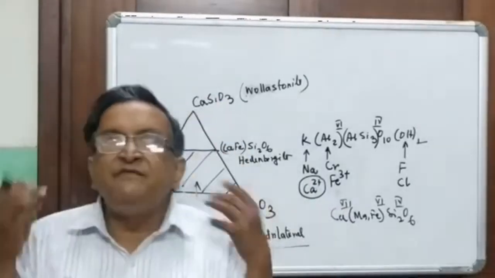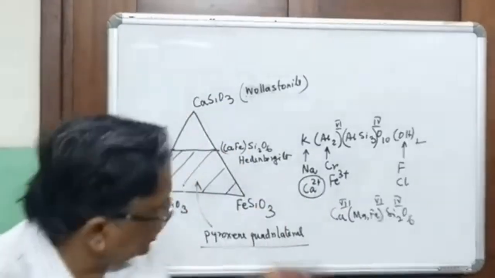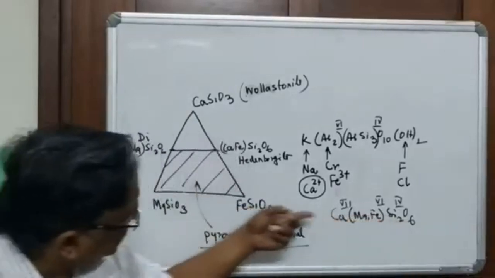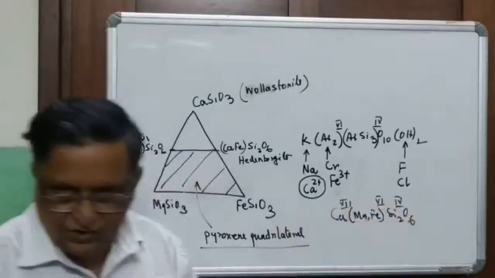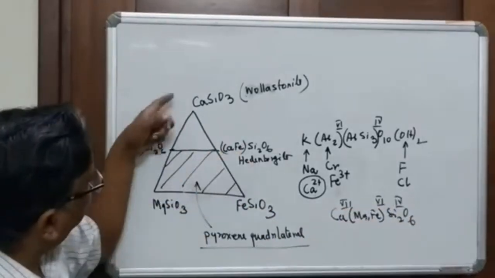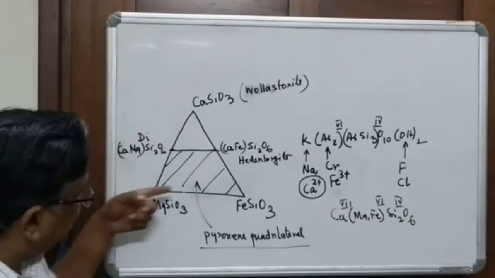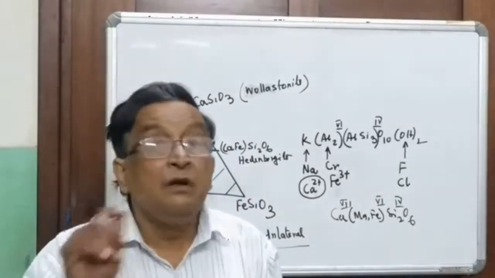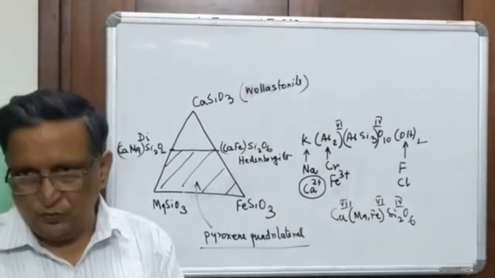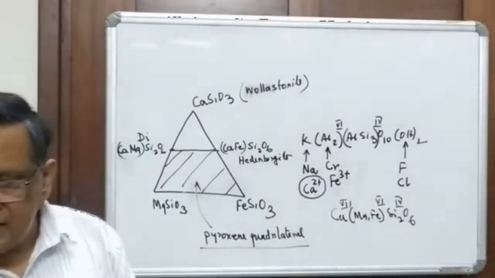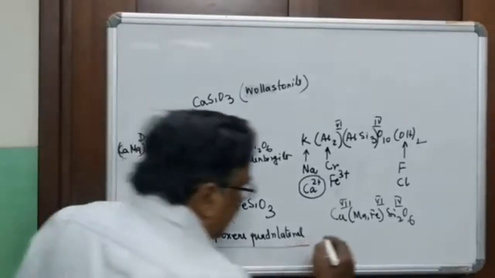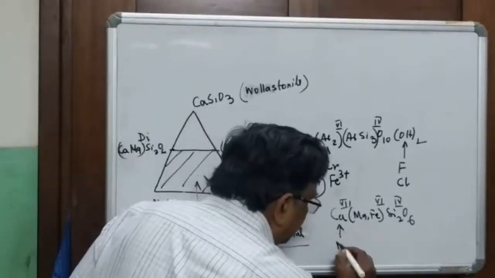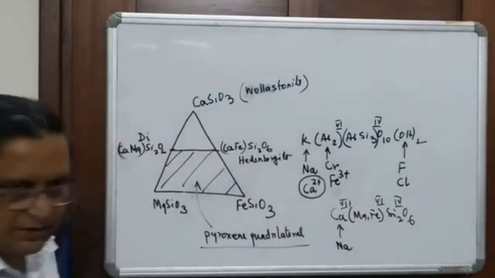So essentially, this pyroxene quadrilateral, which has been presented to you, and you're conversant with it, then your pyroxene should lie in this, so that it would fall in CaSiO3, MgSiO3, FeSiO3. These 3 are the components. But normally this is not true. Some amount of sodium goes into the calcium site.